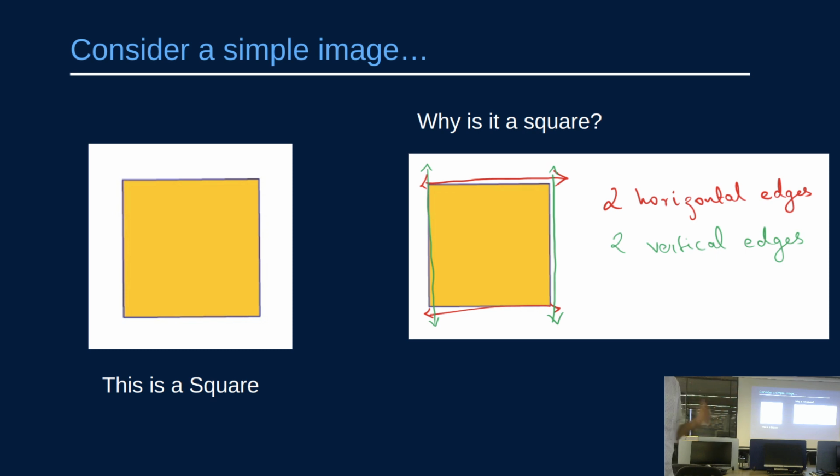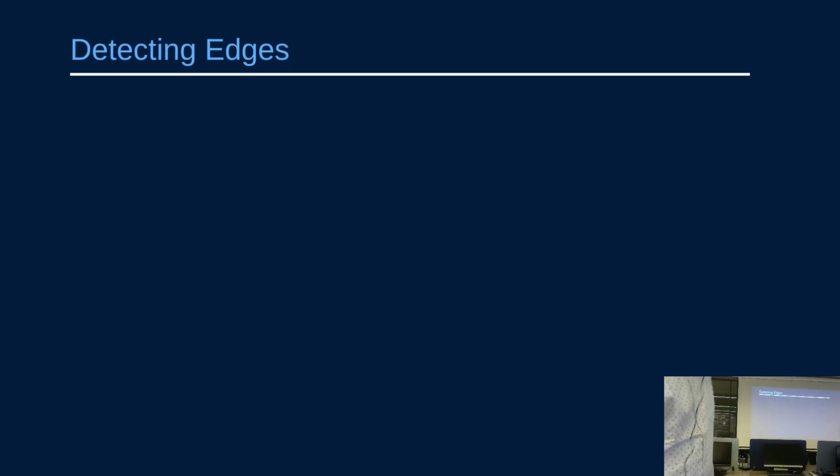I skipped that part, so I apologize for that. But the main point is that the reason you know this is a square is because it has 2 vertical edges and 2 horizontal edges, with emphasis on the word edge. This will be useful. Now, to detect a square, I need two vertical edges and two horizontal edges.